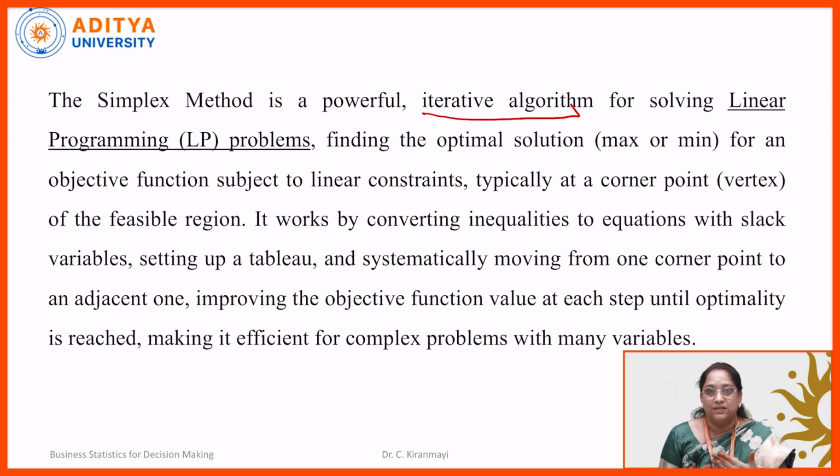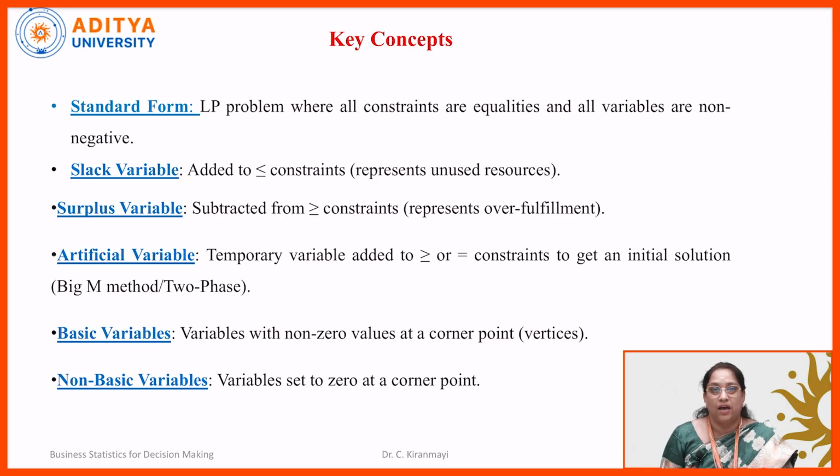That is, in the first iteration we will obtain one solution, and moving to the next adjacent solution, the initial solution will be improved, in order to obtain the best possible solution, which is called the optimum solution. That is why this Simplex method is called an iterative method. And the iterations are continued till the optimum solution is reached.